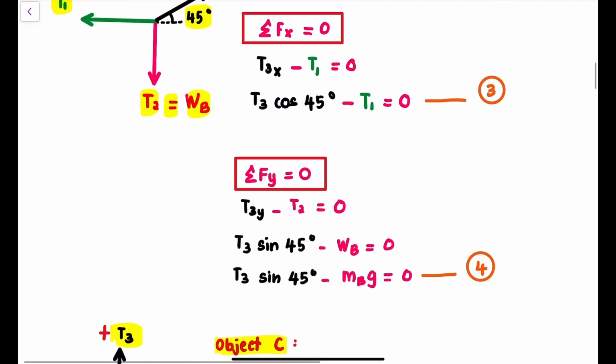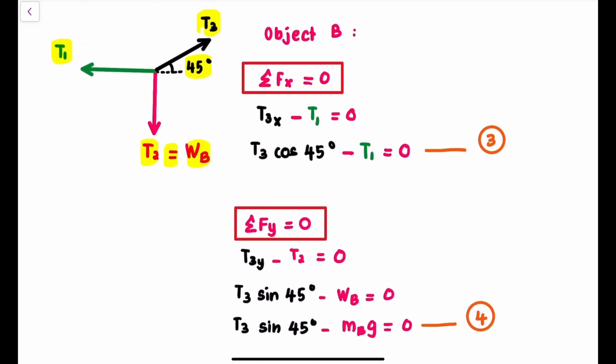Next, for the object B, we can write the net force acting at X equal to 0. Then when we resolve T3, we get here T3 at y-axis, and this one become your T3 at x-axis. Then for the T3 x-axis, this becomes positive to the right.